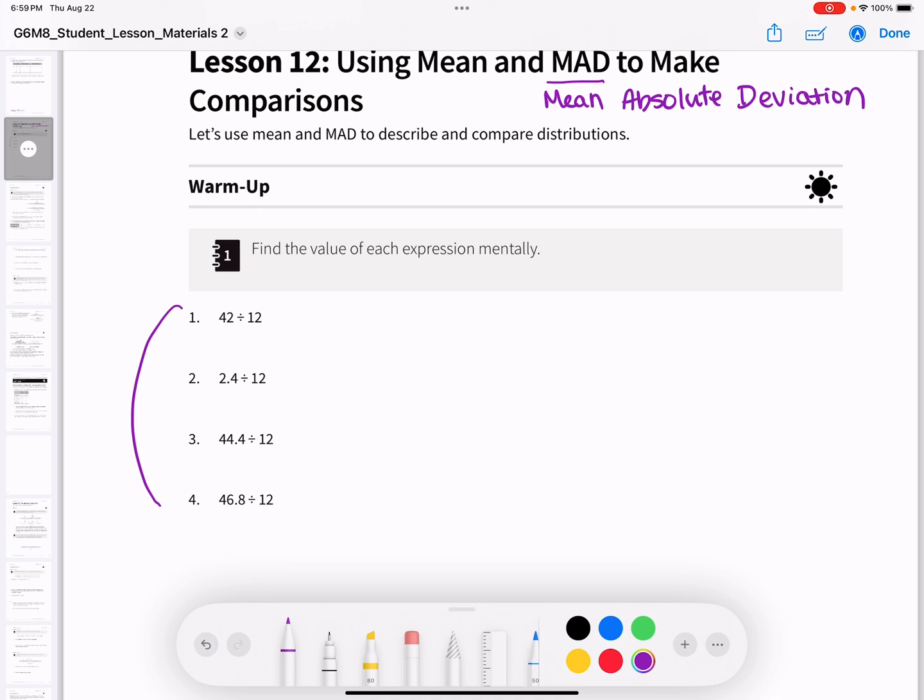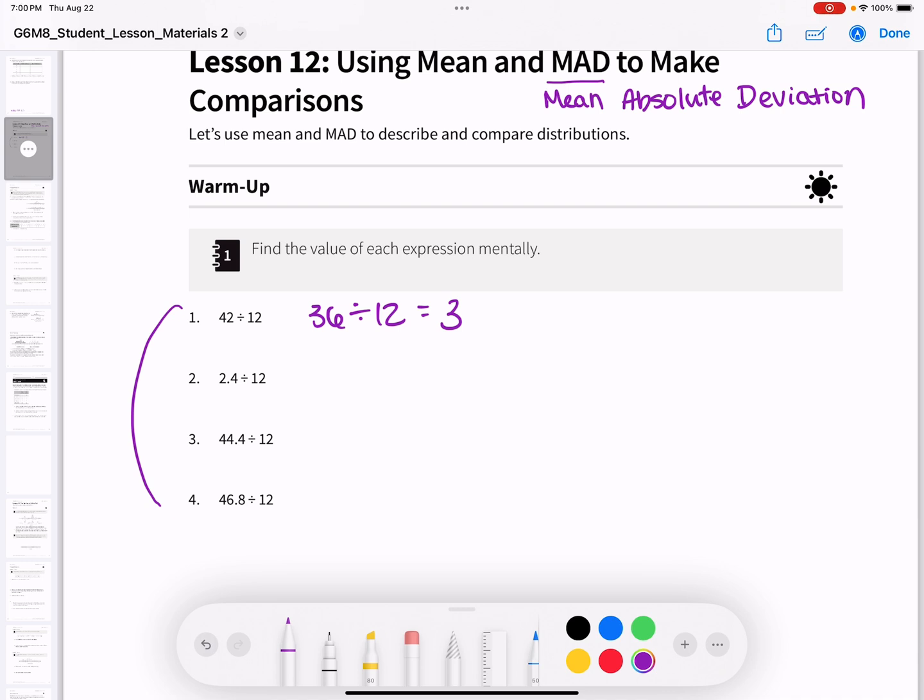So 42 divided by 12. Well, 42 is not a multiple of 12, but I know 36 is. So 36 divided by 12 equals 3, right? But then 36 and 42 have a difference of 6.